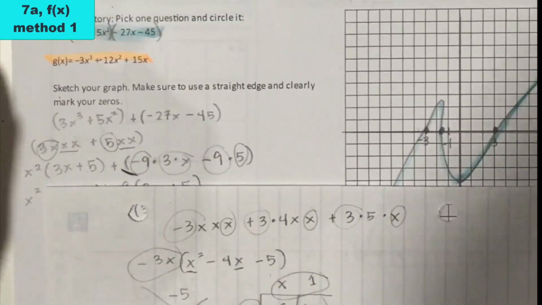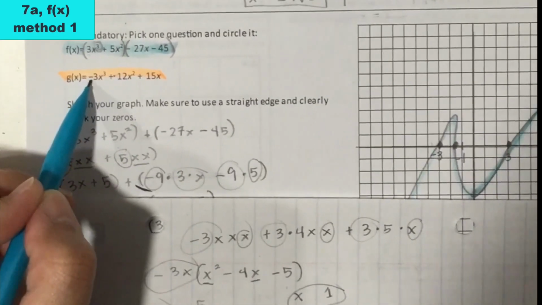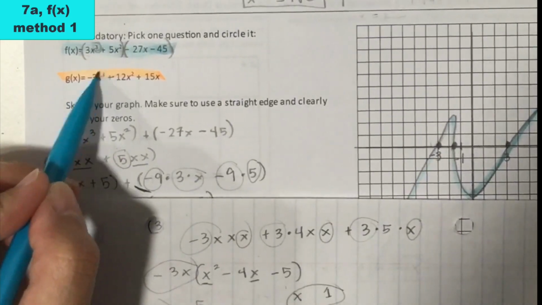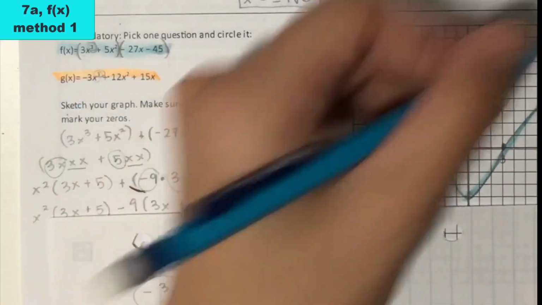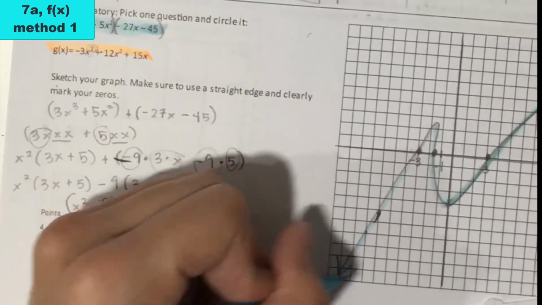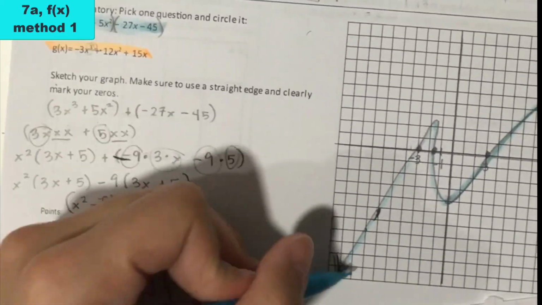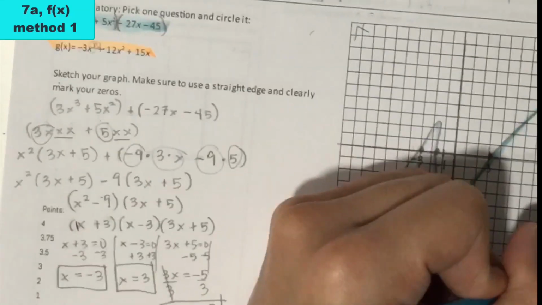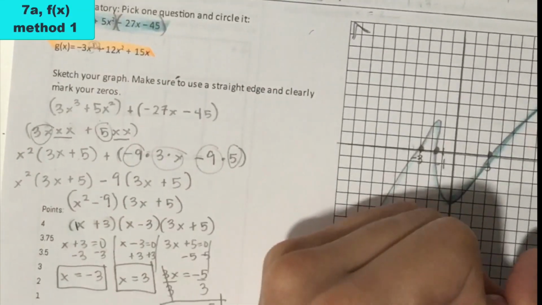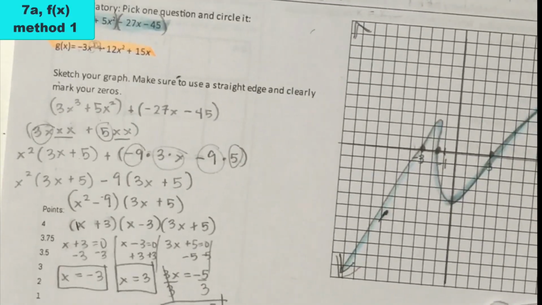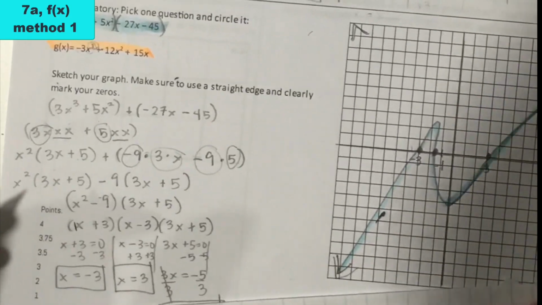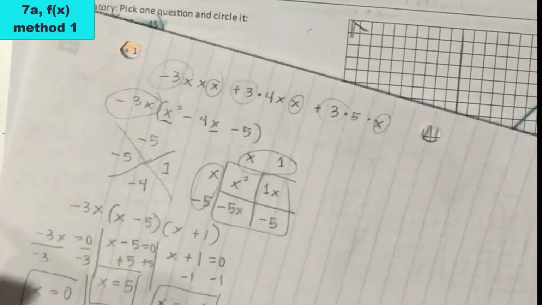To graph this, we can look at this one. We can see that the degree is 3, so it would supposedly, the arrows would be like this. But since the leading coefficient is negative 3, we flip it because the leading coefficient is negative. That means the graph goes this way. And then we can now plot our solutions, or zeros.